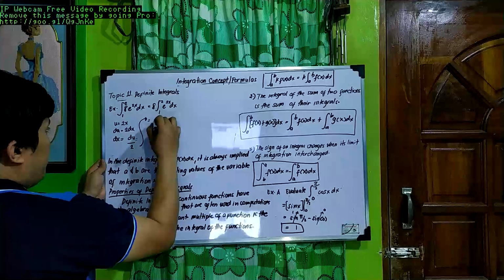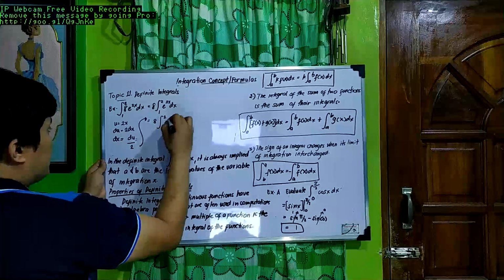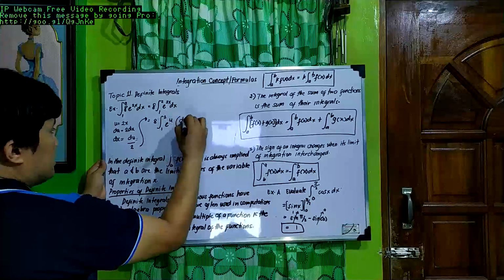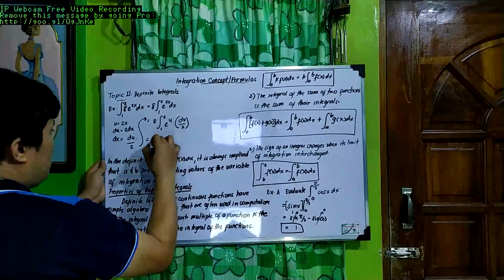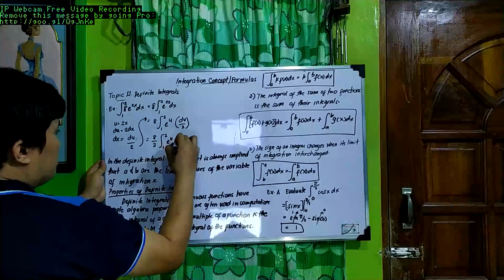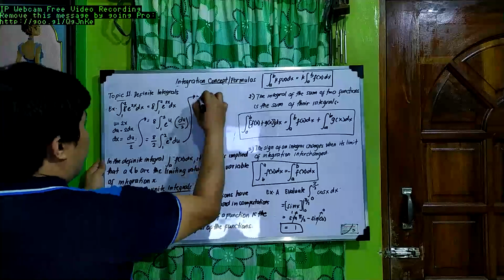So we'll have 8 integral from 1 to 2 of e raised to the power of u. And what is our dx? That is du over 2. So from there, you have 8 over 2 integral from 1 to 2 of e^u du. So from there, you have 4.